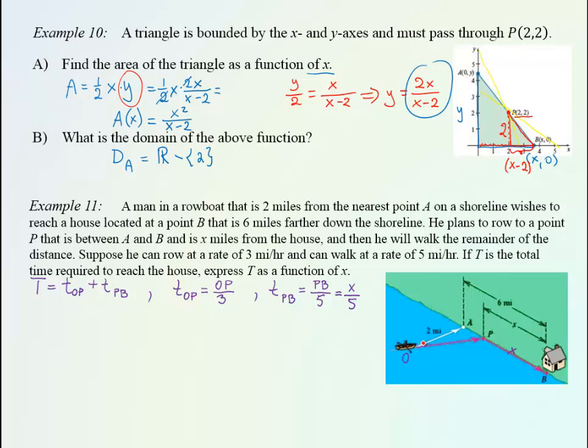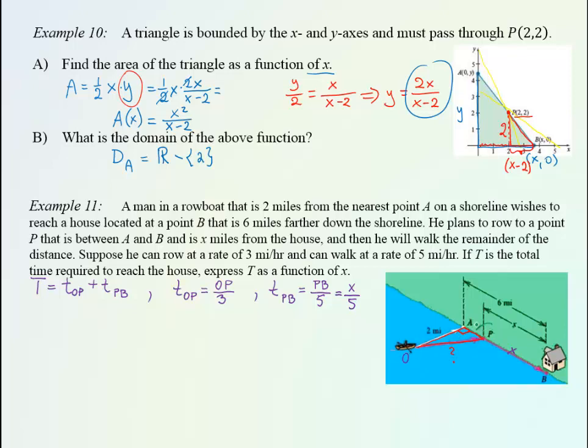On this diagram, we can notice that if we look at the triangle OAP, this is a right angle triangle. How do we know it? Because distance of the boat from the shoreline is the distance measured on the perpendicular segment to the shoreline, and this is given to be 2. Now, if we would know the distance AP, then we could find out the distance OP by using Pythagorean equation.